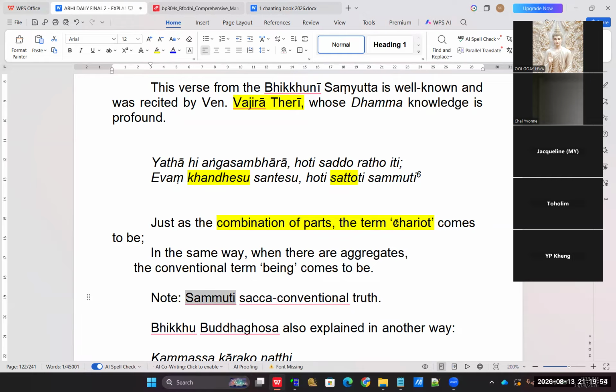So we call this a chariot, we call this a human, and so on. But all this happens when you put things together, a combination. When you combine things together, chariot comes to be. So when you put five aggregates together, then the term being, a living being, a human, or whatever comes to be. These we call samuti, the terms.